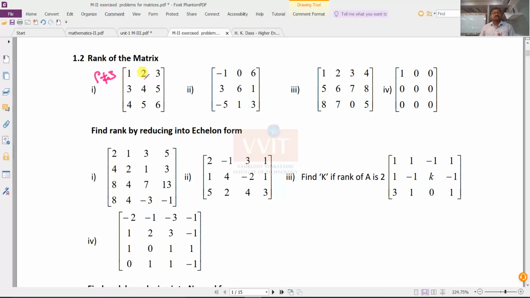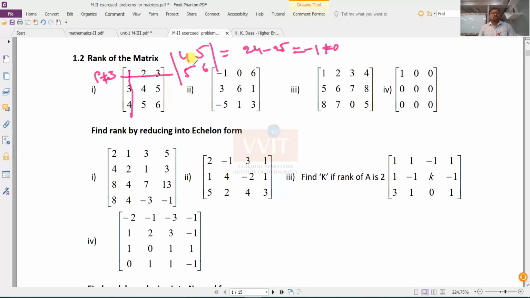Then what I need to do is choose any minor. For example, if I cancel this particular row and this particular column, the minor is 4, 5, 5, 6. So 4 times 6 is 24 minus 25, which is -1, which is not equal to 0. Whether it is positive or negative doesn't make a difference.